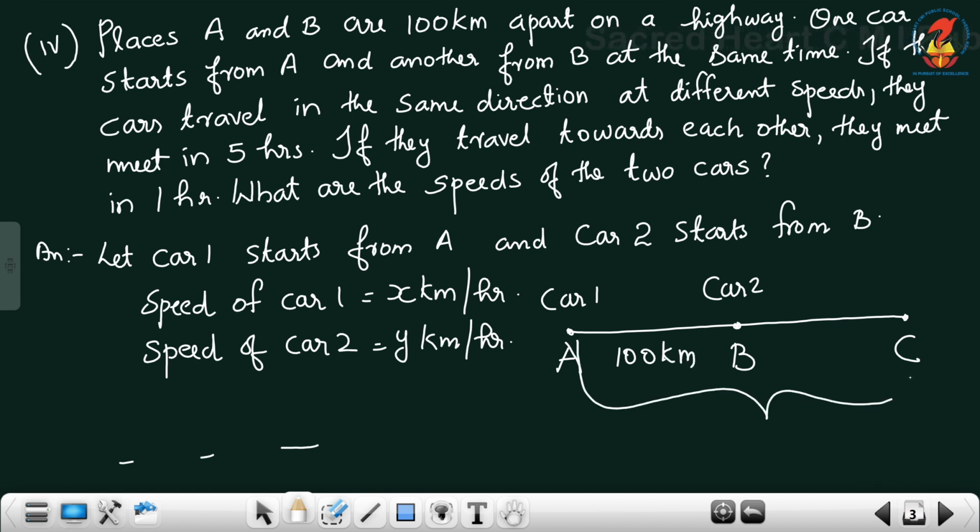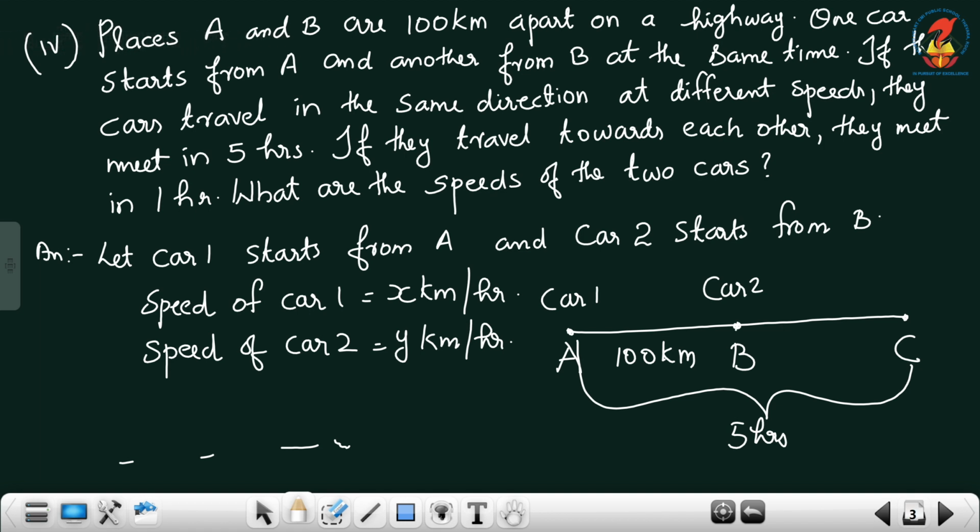A to C 5 hours, B to C also 5 hours. What is the speed of the first car? x kilometers per hour. Speed of car 2, y kilometers per hour. Car 1 starts from A, car 2 starts from B.